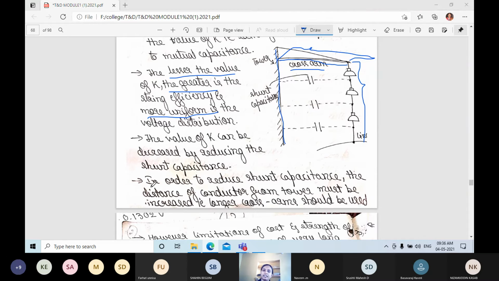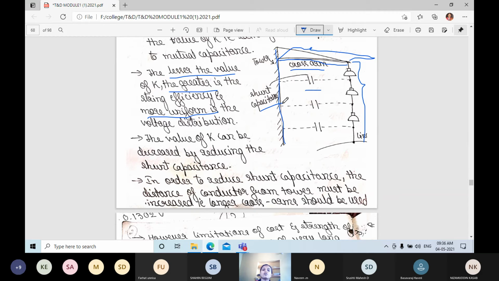The value of K can be decreased by reducing the shunt capacitance.